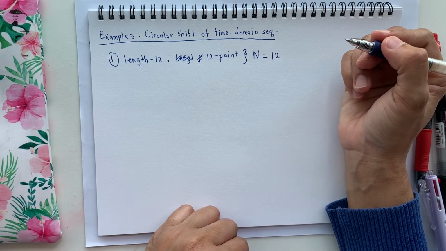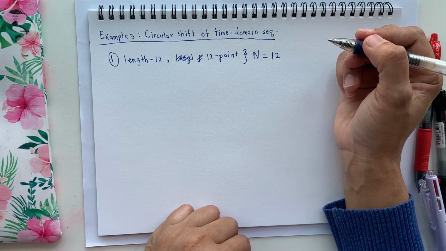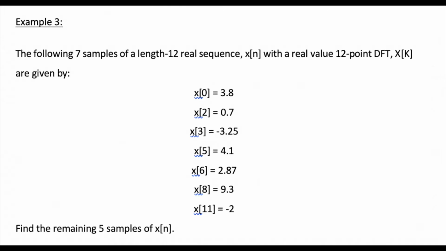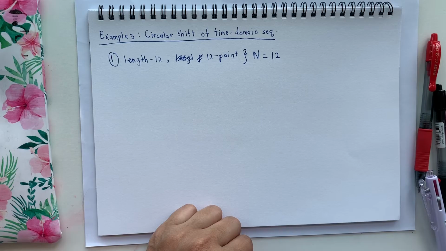Okay, so if you look at the question, we have 7 samples, and then you need to find the remaining 5 samples. Basically if you look at the given samples, we don't have the sequence for x1, x4, x7, x9 and x10.